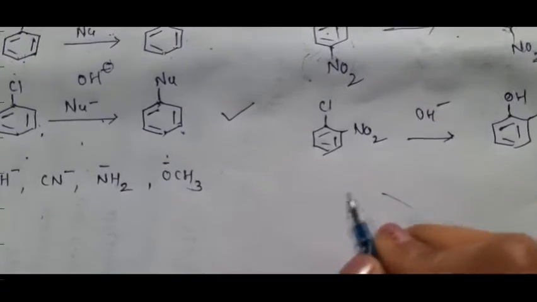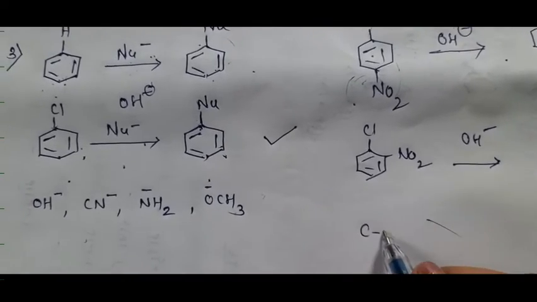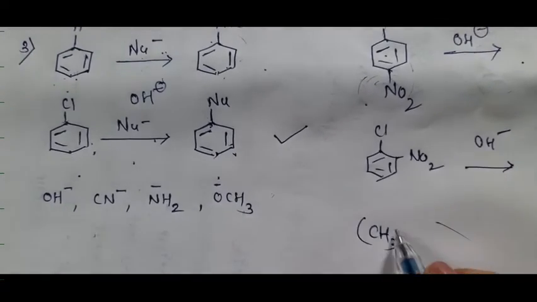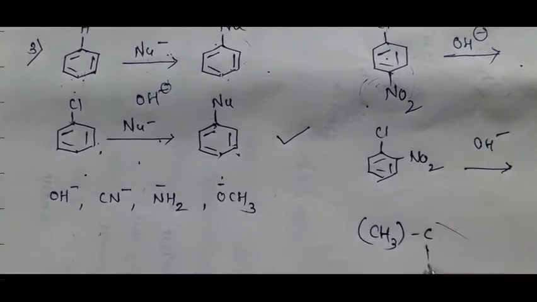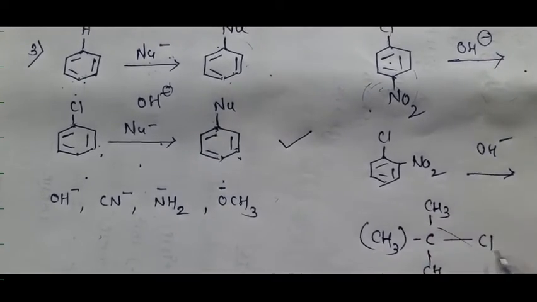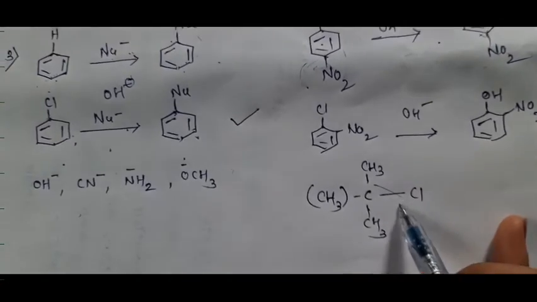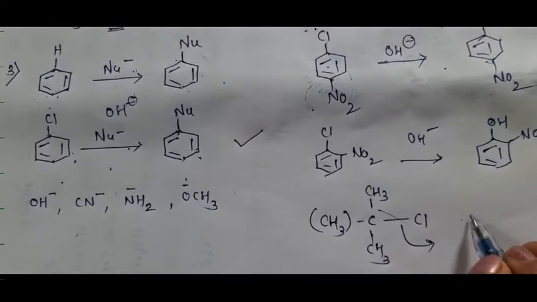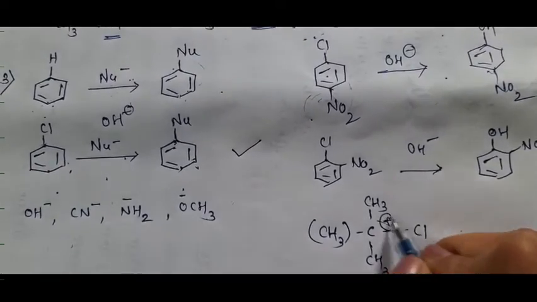When we talk about the SN1 mechanism, what you have is a CH3 unit, and this is your Cl. In the first step, this Cl departs and generates a carbocation.